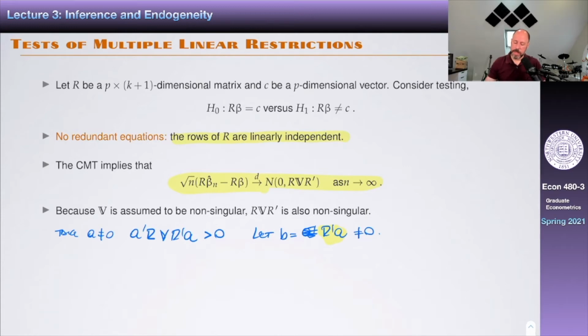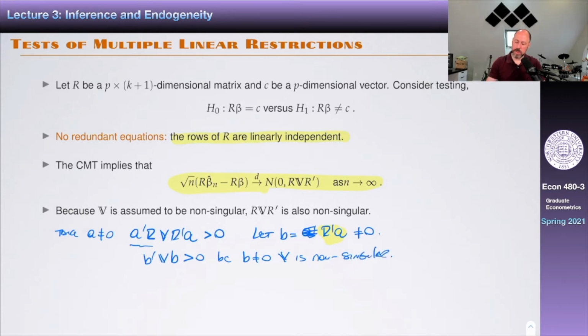So by definition of linear independence, this is non-zero. And so now, b prime B b is positive because b is non-zero and B is non-singular.